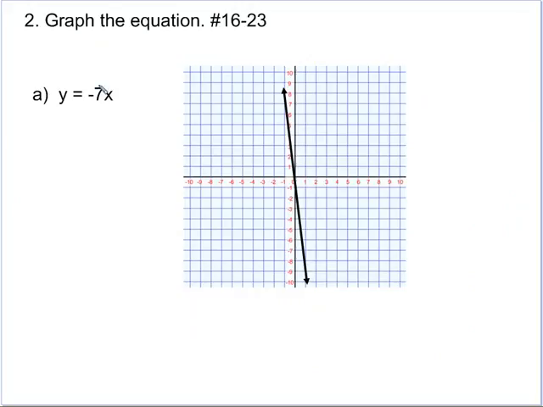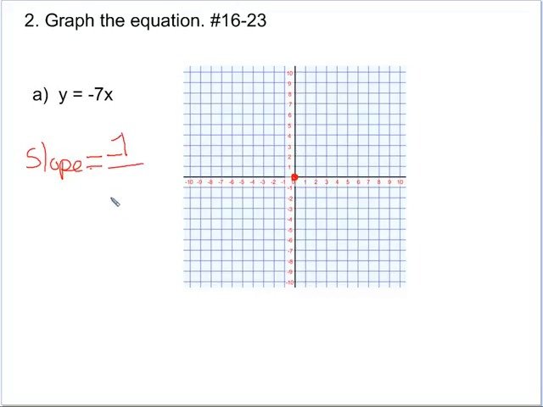Graph the equation. So here's our graph, y equals negative 7x. One thing I know is that because it's a direct variation equation, it should go through the origin. I know they all go through the origin. So if I'm going to mark my first spot, it should start at the origin. Then next, all I need is the slope. The slope is always 2 numbers. In this case, it's rise over run, or negative 7 over what?